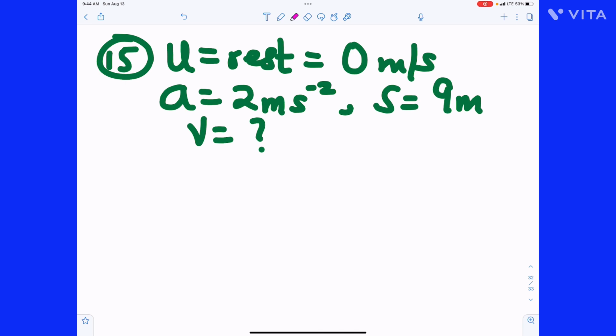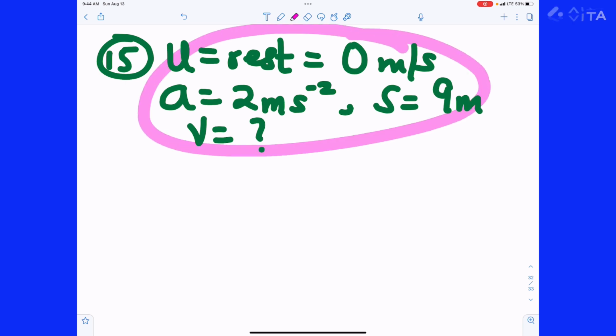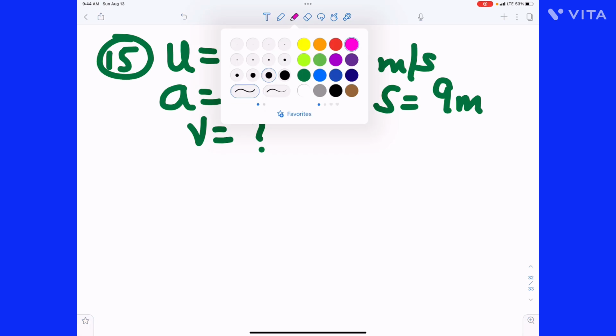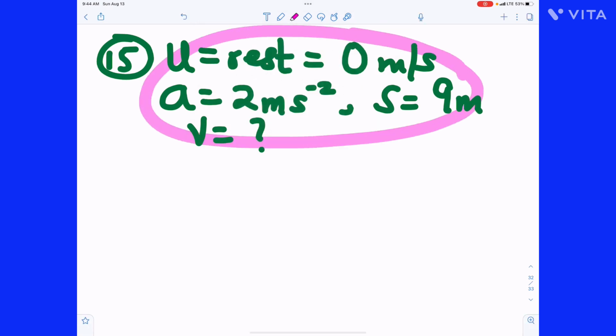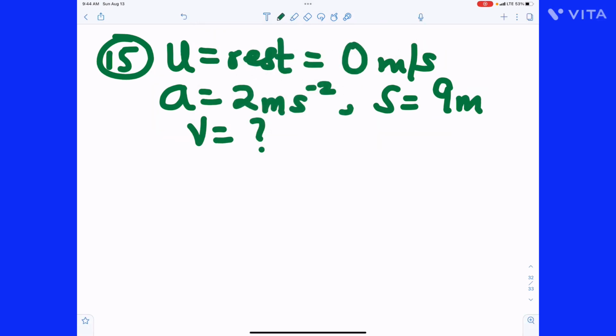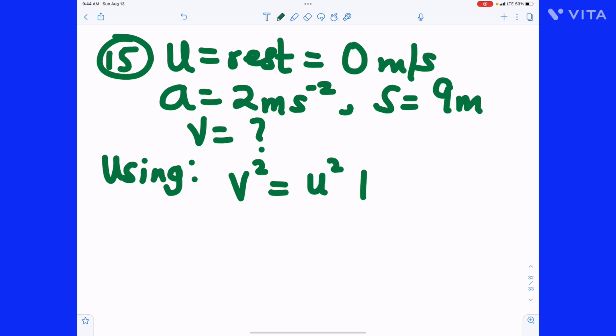Now here, you have a different set of parameters. The parameters you have involve U, A, S, and V. What equation of motion connects U, A, S, and V? That should be the fourth equation of motion: V squared is equal to U squared plus 2AS.